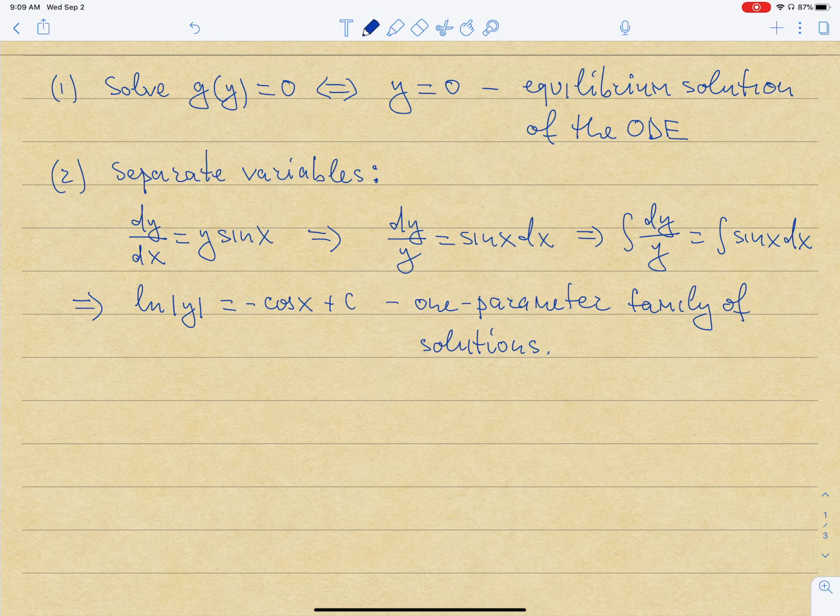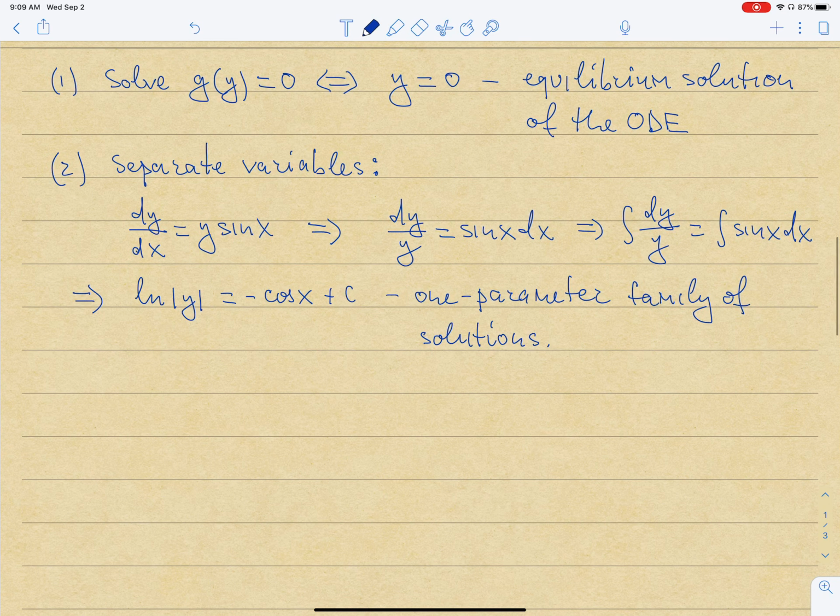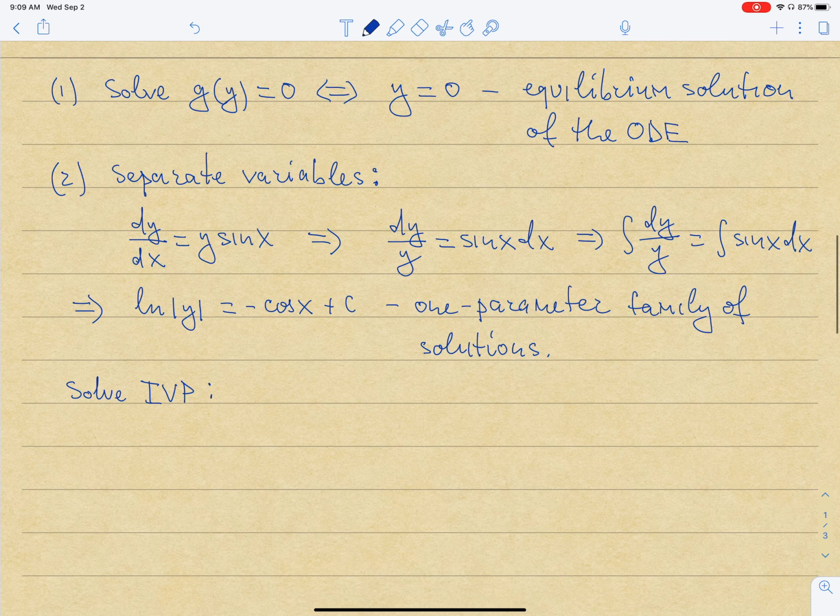All right, so I want to use this to solve a couple of initial value problems. Let's use this equation, y prime is equal to y sine x.